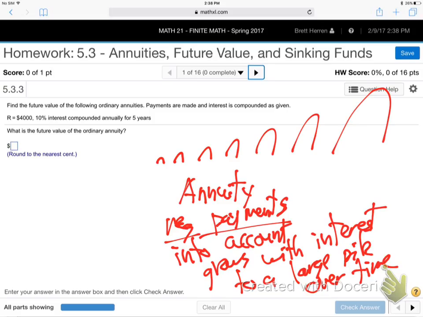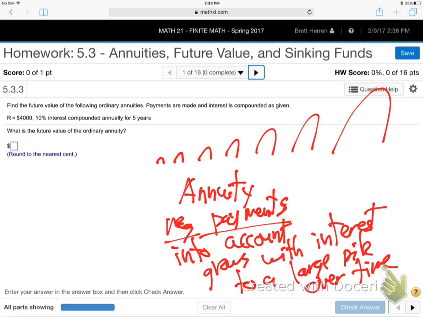That's a one-time payment that grows over time. Whereas with an annuity, you're making regular payments into the account, and they're all growing as well.